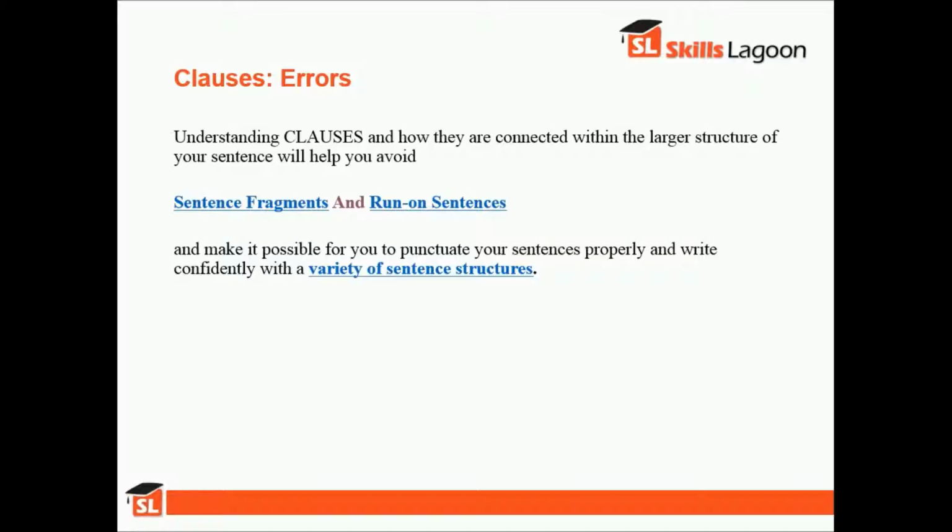Understanding the clauses and how they are connected within the larger structure of the sentence will help us to avoid these two errors. Not only that, it makes it possible for us to punctuate our sentences properly and write confidently with a variety of sentence structures.